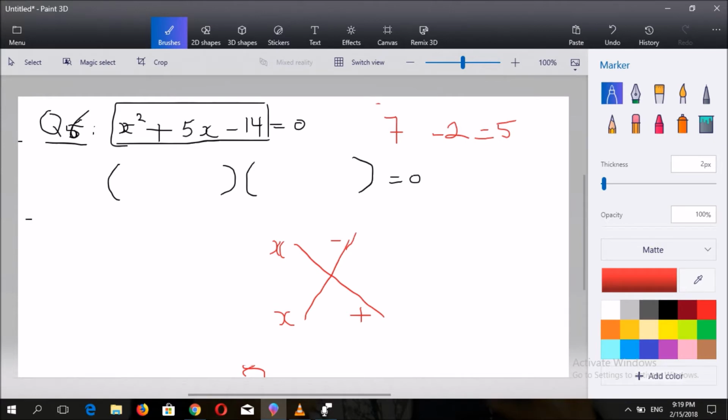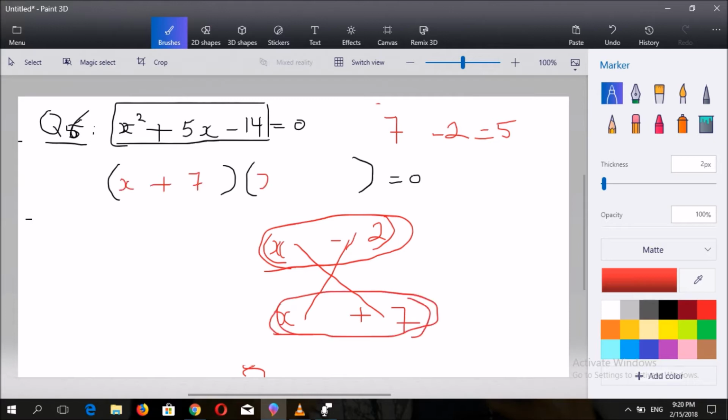Okay, so we need to move on to question 5 now. Question 5 gives us this equation.